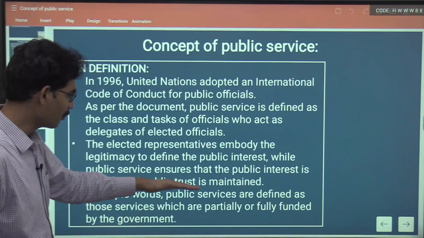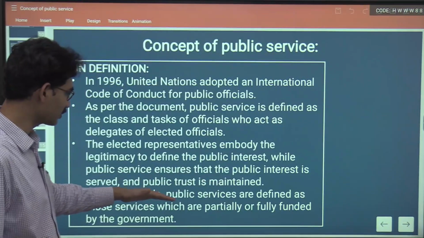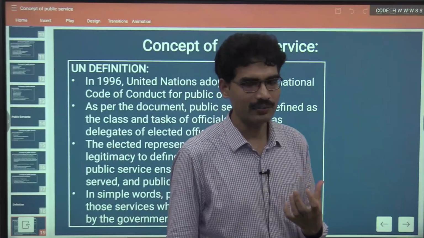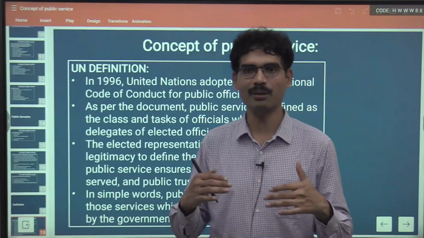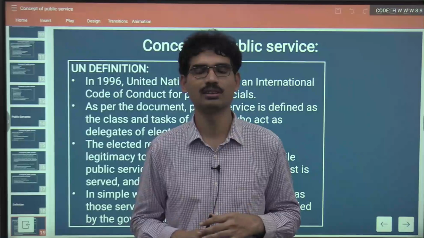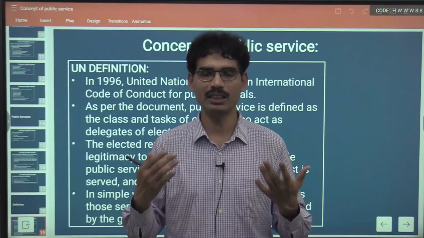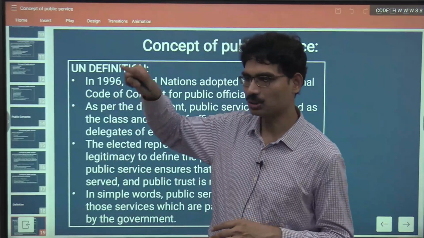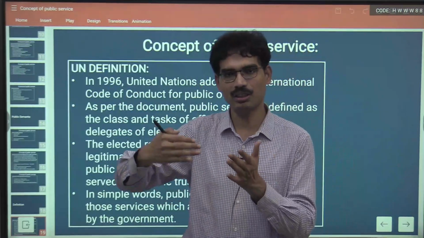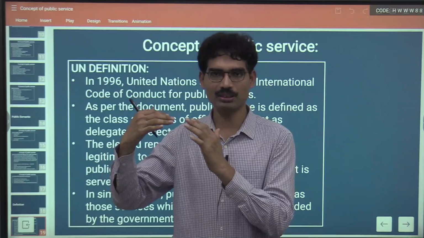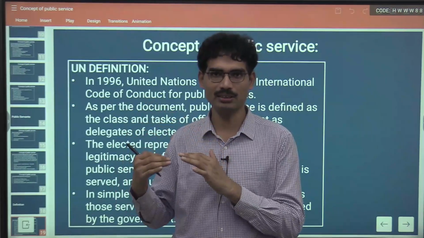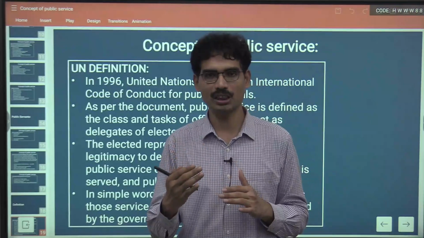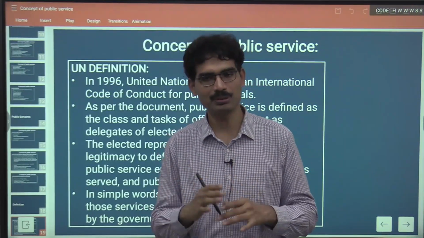In simple words, public services are those services which are partially or fully funded by the government. If the government is involved in any service, that becomes a public service.